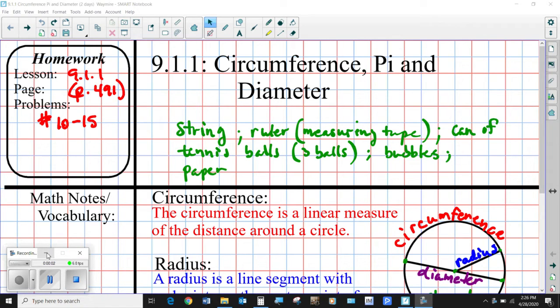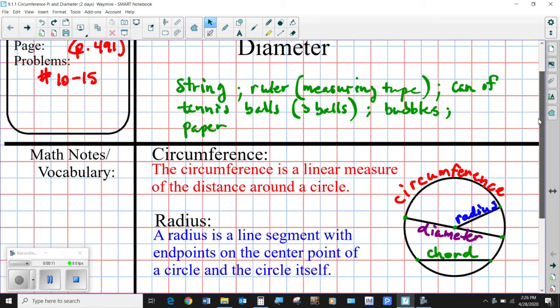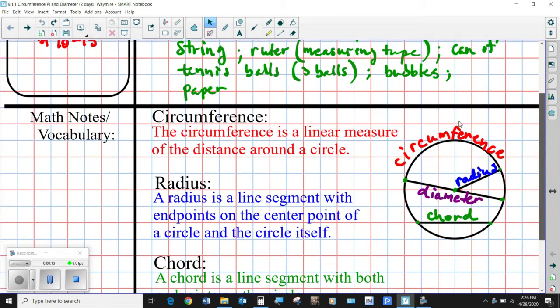Alrighty, let's get into part 2 of lesson 9.1.1, where we were reviewing circumference, pi, and diameter. We talked about some vocabulary: the circumference of a circle is the distance around. The diameter is the distance across from one end of the circle to the other, and it always passes through the center point.